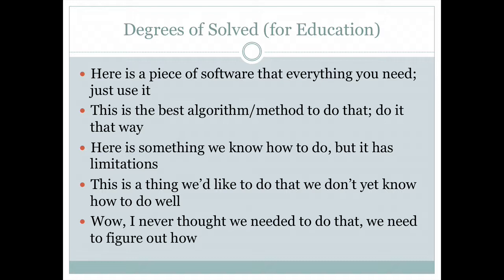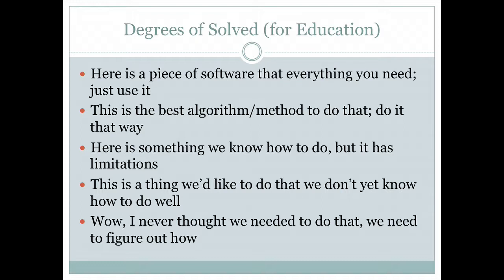Next is, this is something we know how to do, but we also know an awful lot about the limitations, the cases where it fails and the things that it doesn't quite do. One level down is, this is a thing that we know we'd like to do, and we can tell you a little bit about its characteristics and what we'd like to achieve. We really don't do it very well yet.